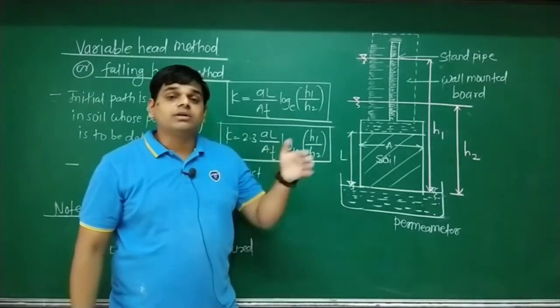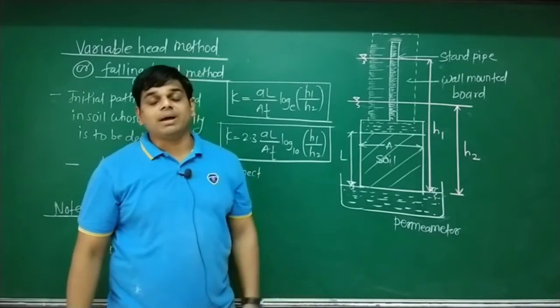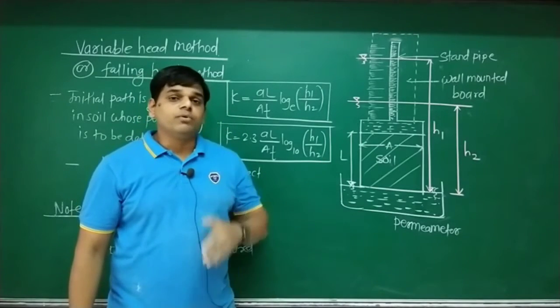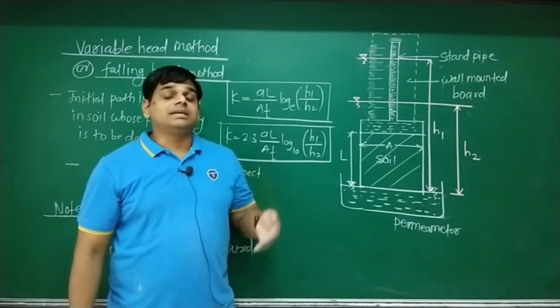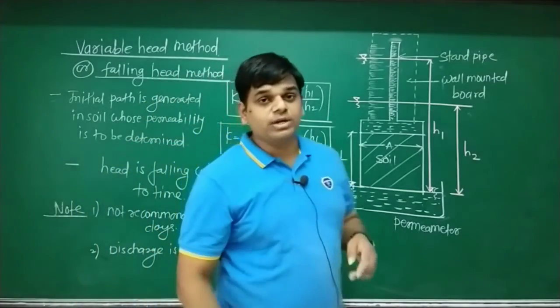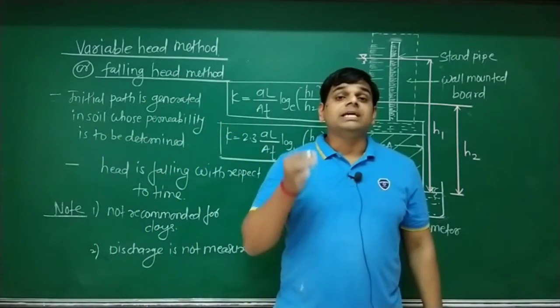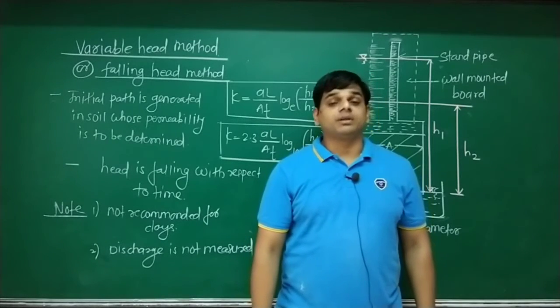Unless and until water reaches the bottom of the permeameter, we cannot find the value of permeability. That's why, before taking the readings for finding the permeability of soil, we have to create a seepage path in the soil mass whose permeability is to be determined.